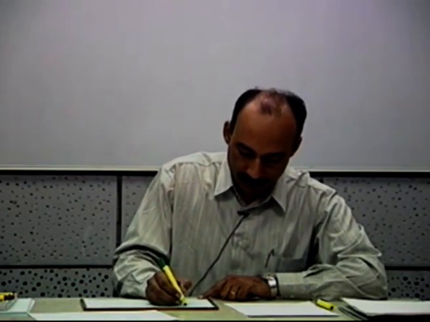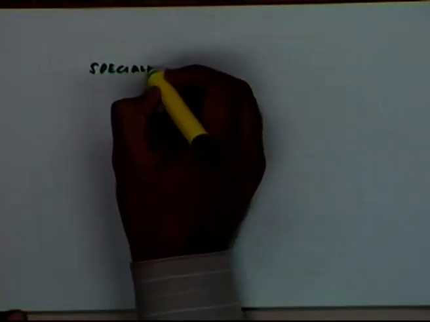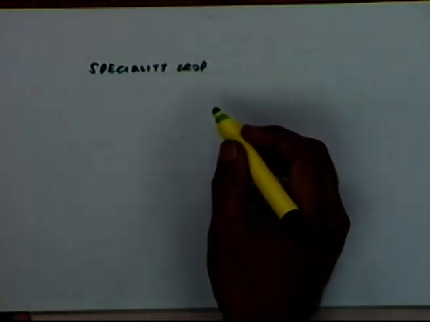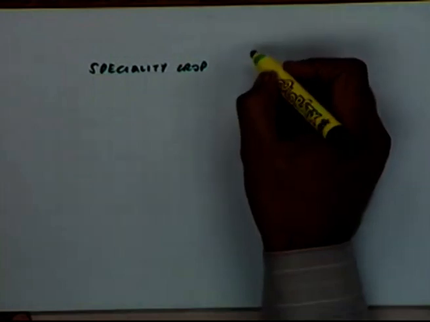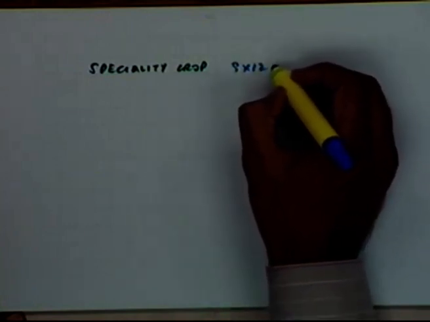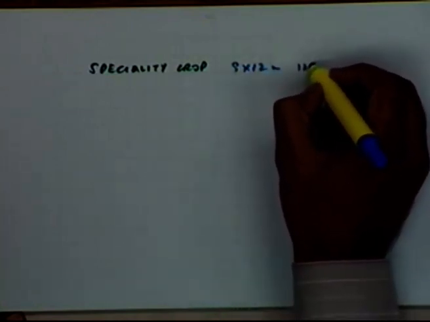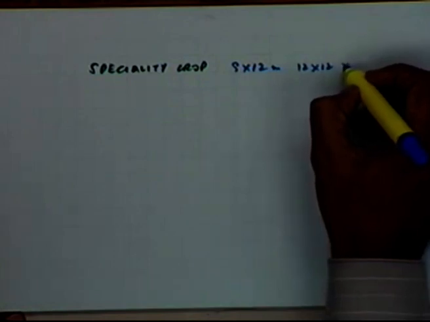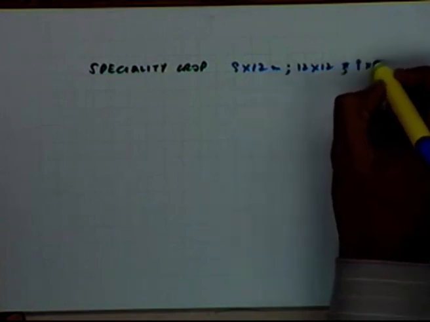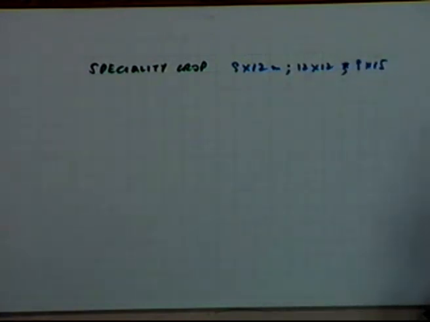If you have the specialty crop, which has more value, in that case you might go in for spacings like 9 by 12 or 12 by 12 or 9 by 15 meter.